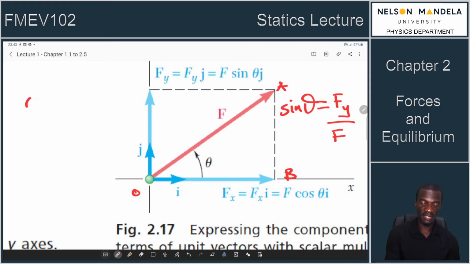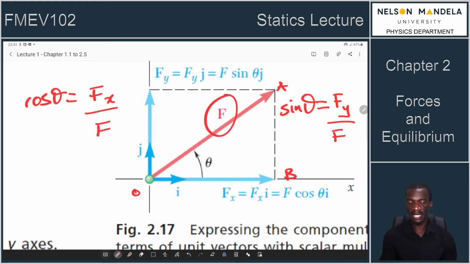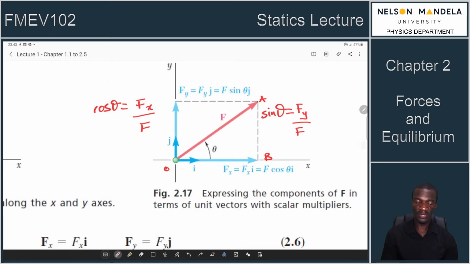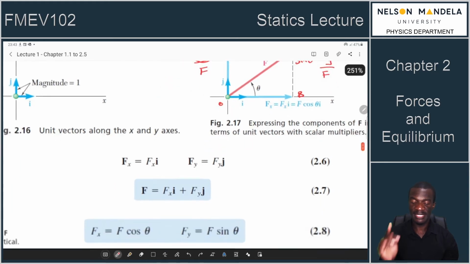We also have cos theta as the trig ratio that relates the adjacent side, which we can call Fx, divided by the hypotenuse. If you then make Fx and Fy the subject, this gives you, for your horizontal axis, Fx equal to F times cos theta. And you've got your Fy as F sine theta. However, it depends on the angle that you use, so it's important to be consistent with the trigonometry.